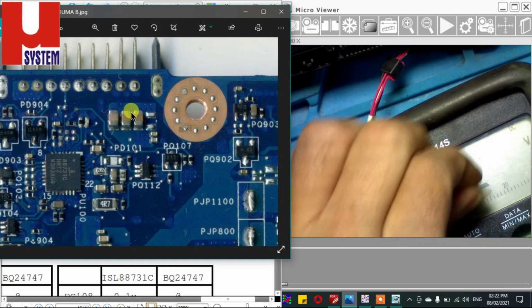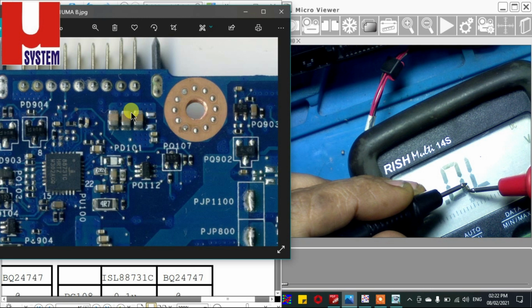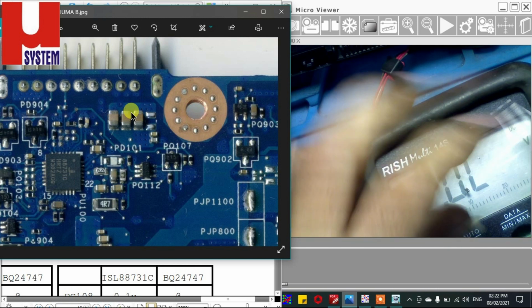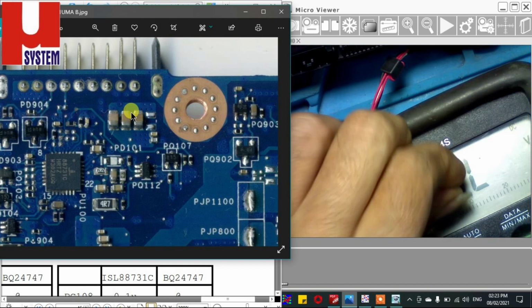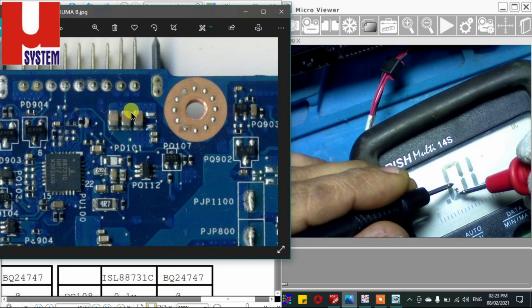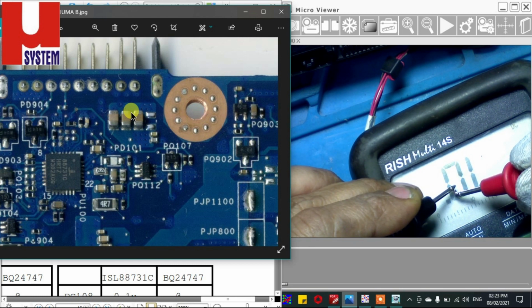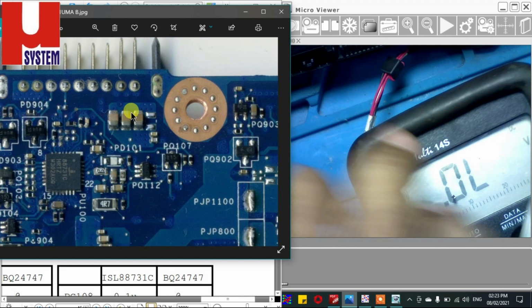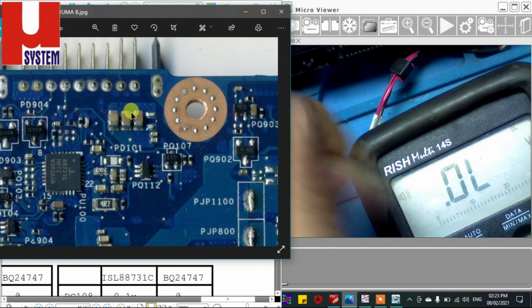Now we are going to check with another PF. This is also not showing me any type of reading. So this is also okay. This is the third PF. This is also okay. Not showing any reading. And the fourth PF.